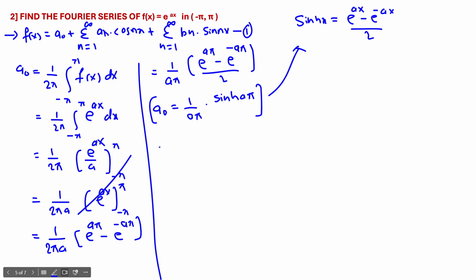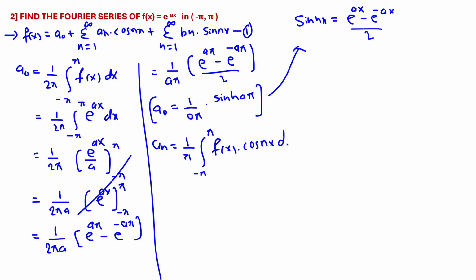Now you have to find the value of an. So we have the formula of an is equal to 1 over pi, minus pi to pi, f of x into cos nx dx. So 1 over pi, limits minus pi to pi, f of x here we have e raised to ax into cos nx dx.